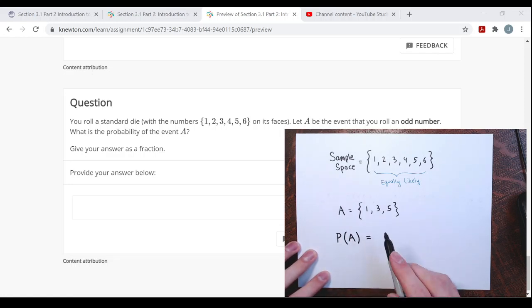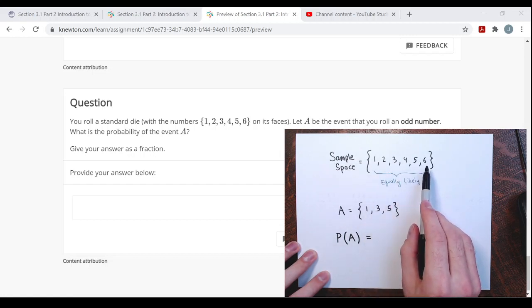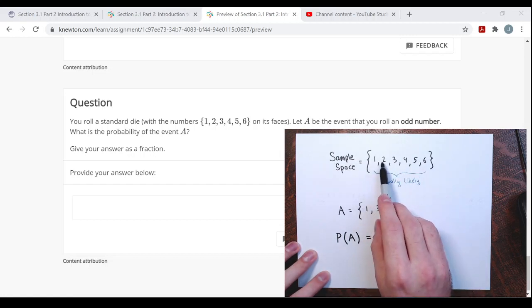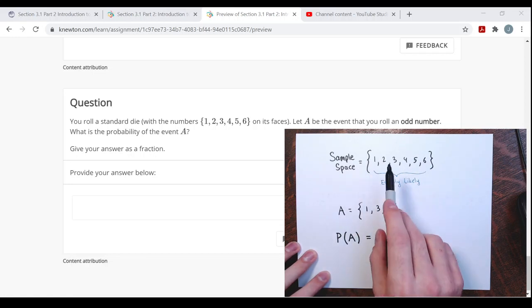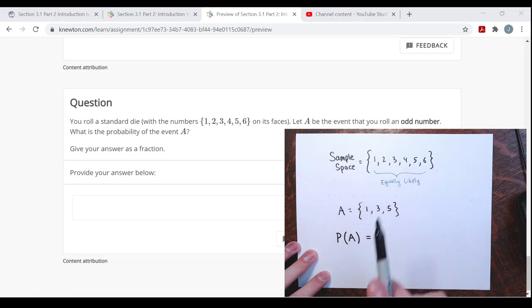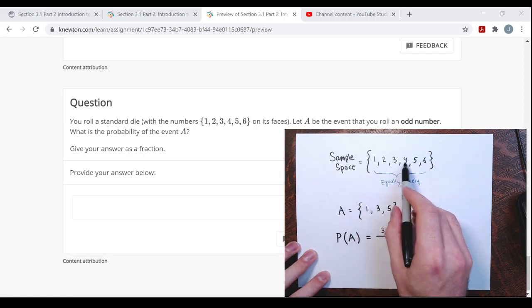Now, since my sample space has equally likely outcomes, none of these have a greater chance of occurring than anything else. They all have the same chance of occurring. Since my sample space is made up of equally likely outcomes, I can very simply calculate the probability of A. It's how many outcomes are in A, 1, 2, 3, the 1, the 3, and the 5, divided by the number of outcomes in the sample space, the total number of possible equally likely outcomes, that's 6.